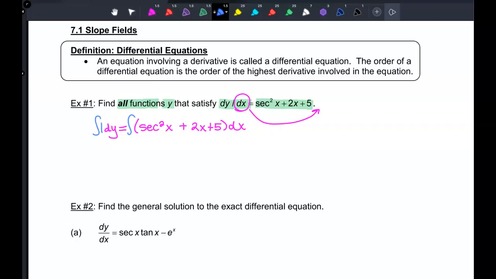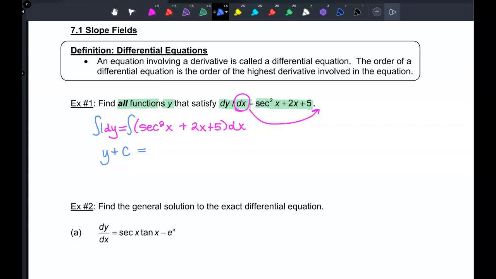Well, it's dy, so it would be y plus c, technically. That's a 1, because it's whatever variable we have here. It might be a d theta, it might be a dt. Whatever variable, we just get that variable at the end of the differential plus c.